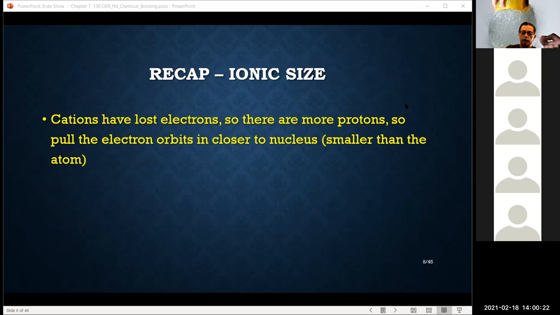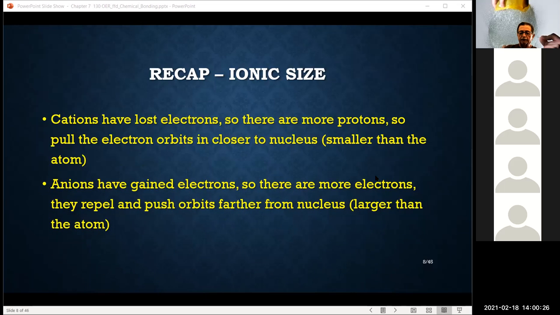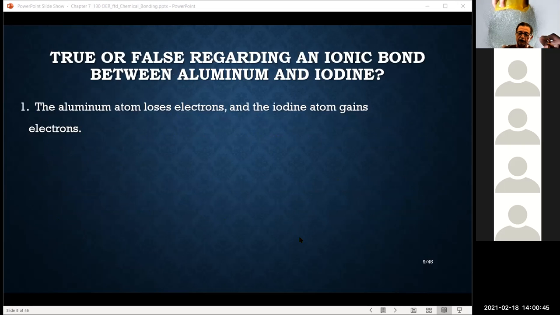Okay, so this is just a recap about ionic size. I just mentioned cations lost electrons, and so they're going to be much smaller. And the anions are going to be much greater because they picked up electrons, with respect to the ionic size of the ions.